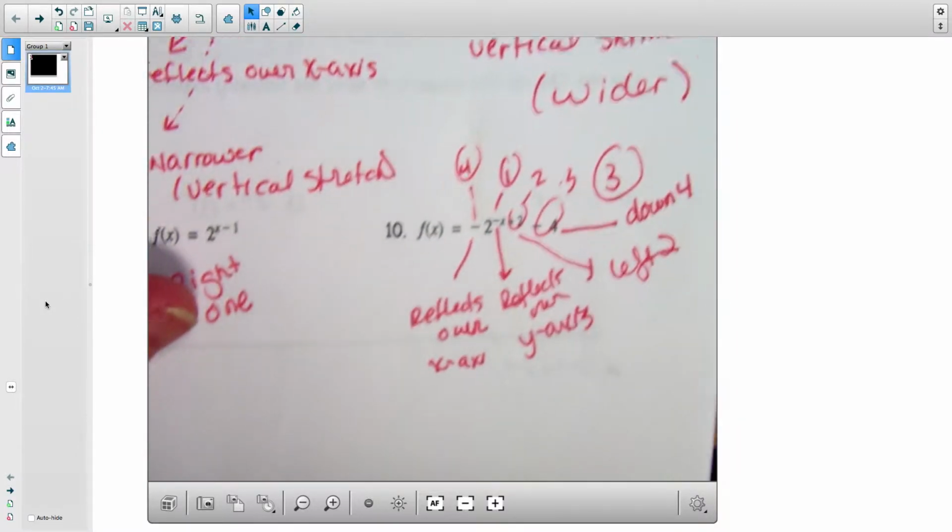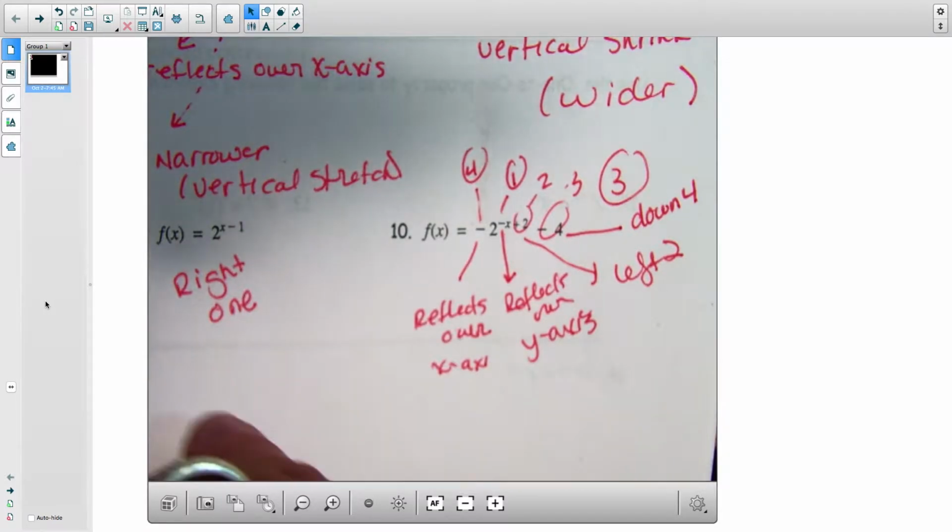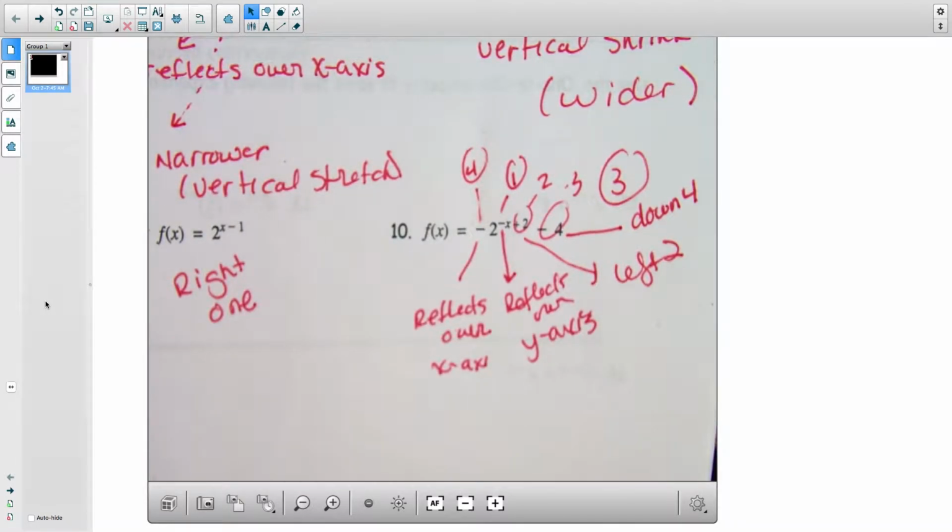Like this? So at this point, is this hard? No. All of this right here, these reflections, it's just old stuff, just applied to a new function. That's all. Everyone done?